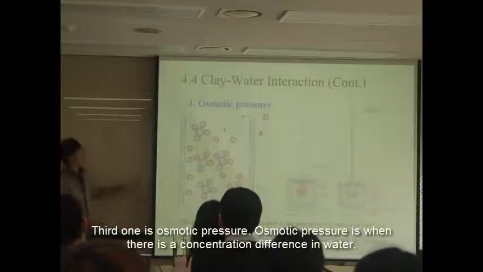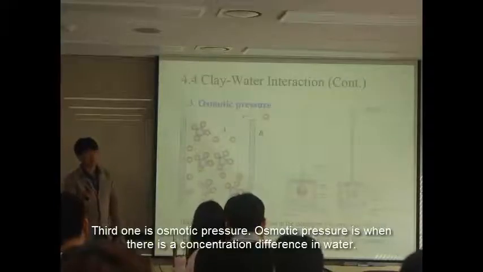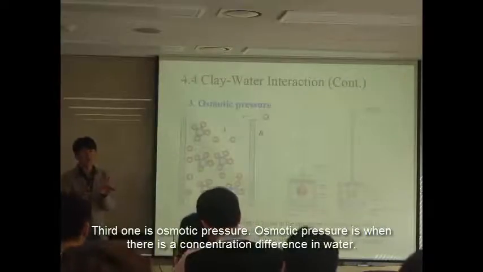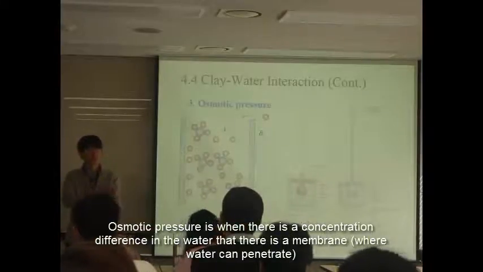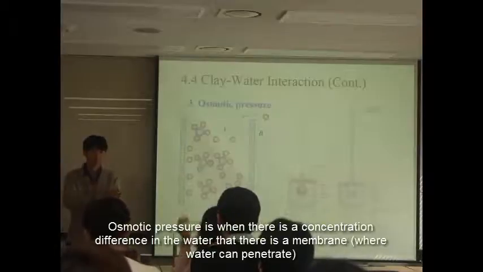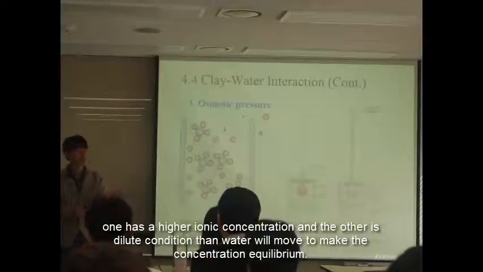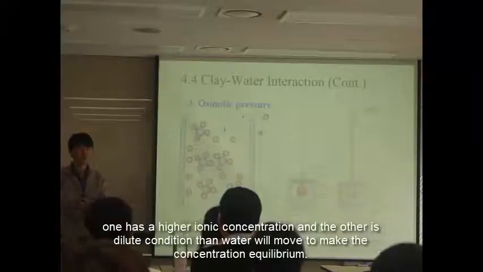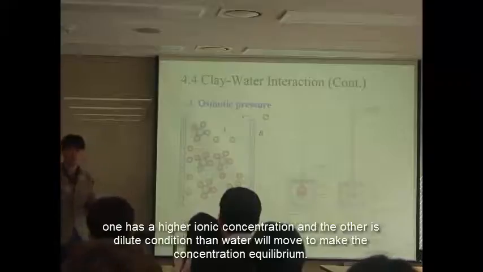The third one is osmotic pressure. Osmotic pressure is when there's a concentration difference in the water. There's a membrane, the water can penetrate, and one side has the higher ion concentration, and the other is a dilute condition. Then water will move to make a concentration equilibrium.